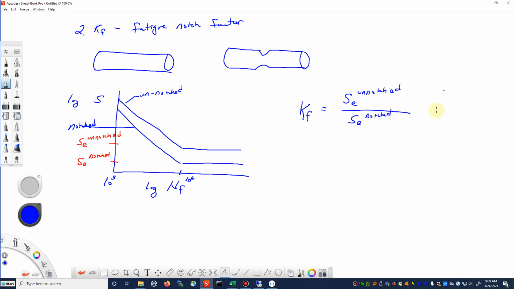And this would be something that would be greater than 1. Now, generally speaking, your fatigue notch factor is going to be a little bit less than your stress concentration factor.